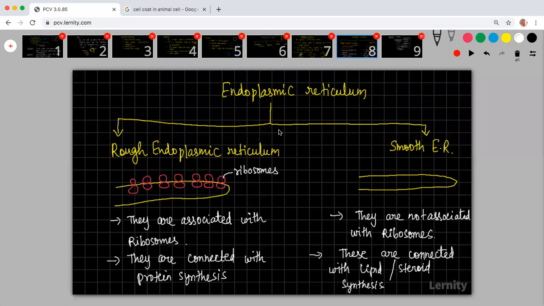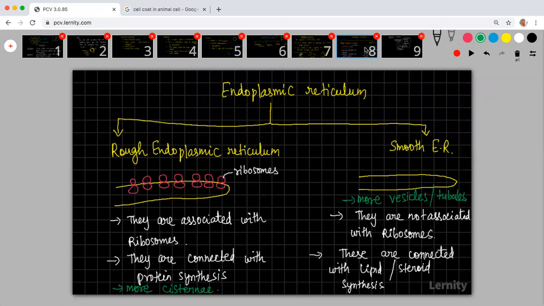If you want to know more about it, rough endoplasmic reticulum will have more cisternae, while smooth will contain more vesicles and tubules.